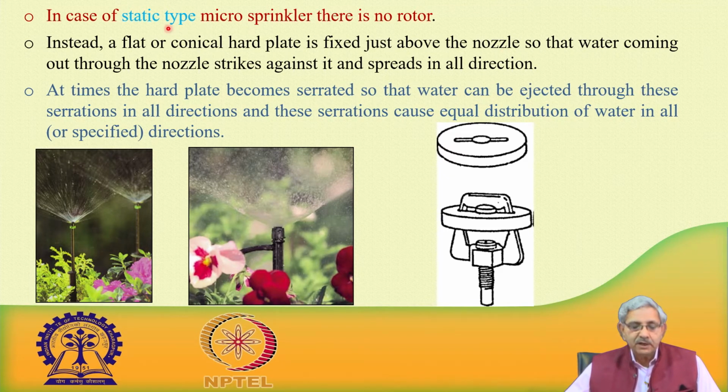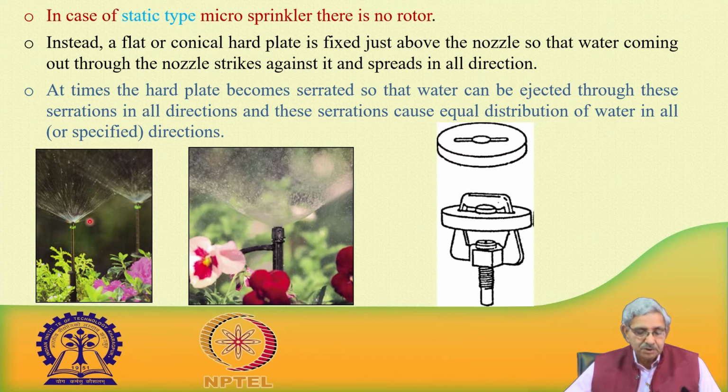In case of static type micro sprinkler, there is no rotor. Instead, a flat or conical hard plate is just above the nozzle, so that water coming out through the nozzle strikes against it and spreads in all directions. This is the cap which we are seeing on the top, this particular plate. It is a hard plate, and it is serrated, so that the water can be ejected through these serrations in all directions.